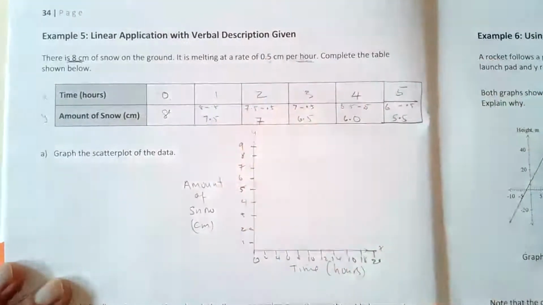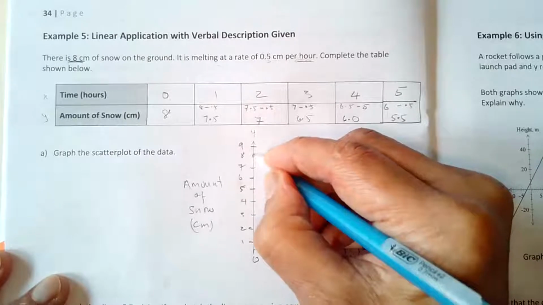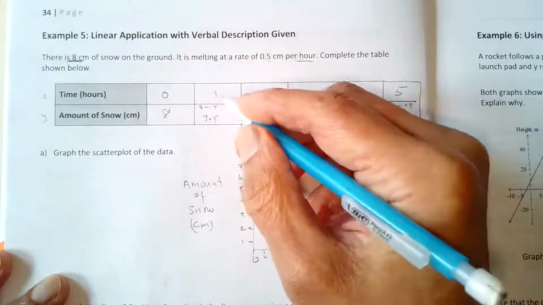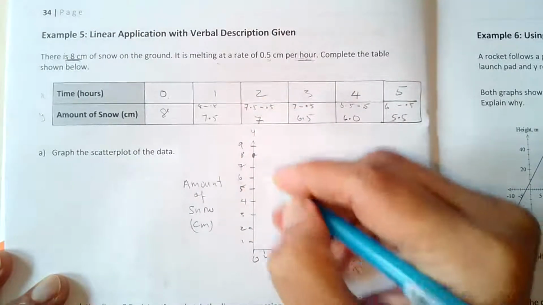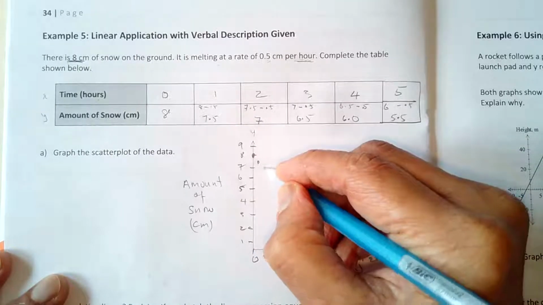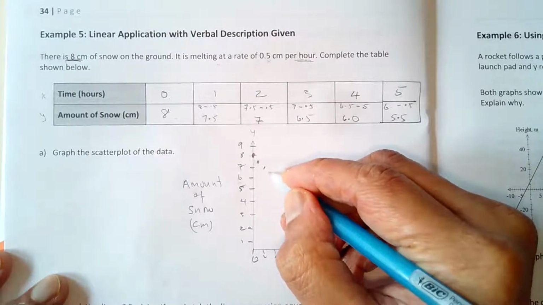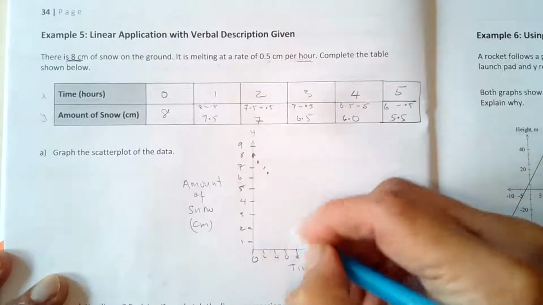Now let's plot these points here. At 0 time, we have 8. After 1 hour, 7.5. 2 hours, 7. 3 hours, 6.5. See this trend.